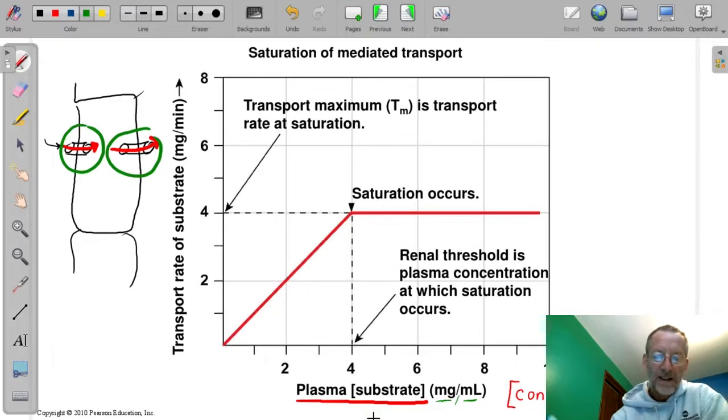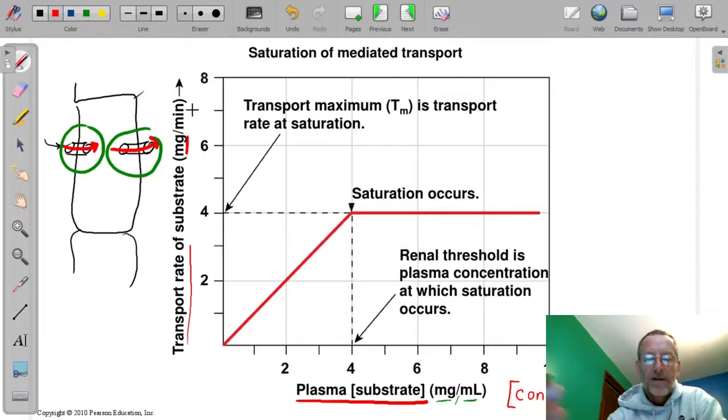On the vertical axis is the transport rate. How many of those molecules can be moved per minute? Rates usually have time in them.